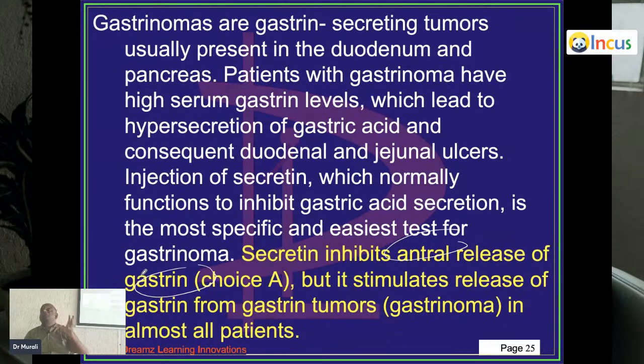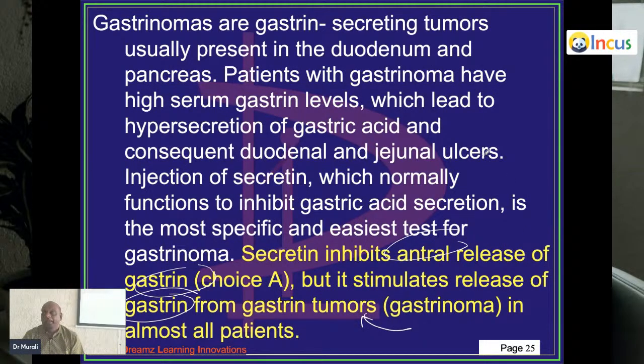But if there is a gastrinoma, it does not listen to the word of secretin. So even if you give secretin, the gastrin continues to get produced. That loss of inhibition of the gastrin production with secretin is the nature of the gastrinoma.